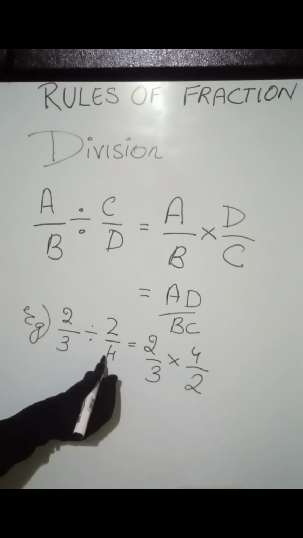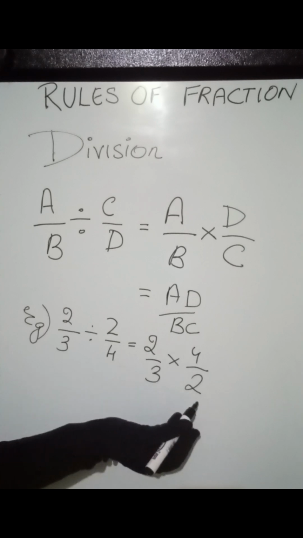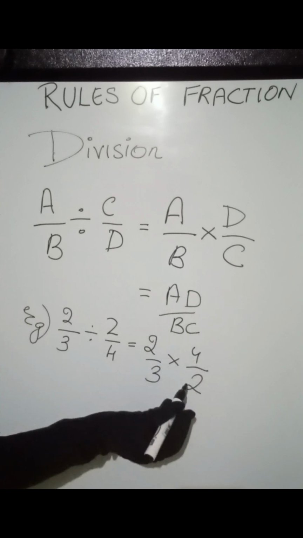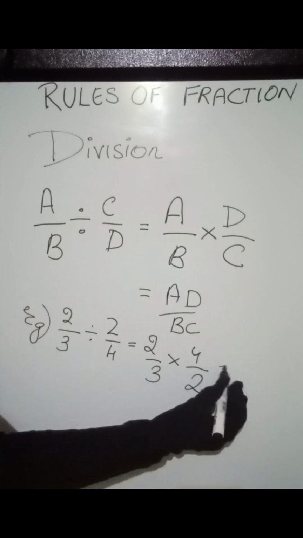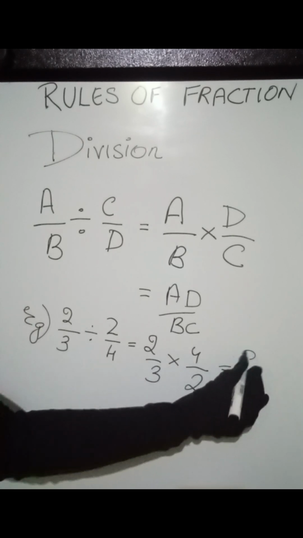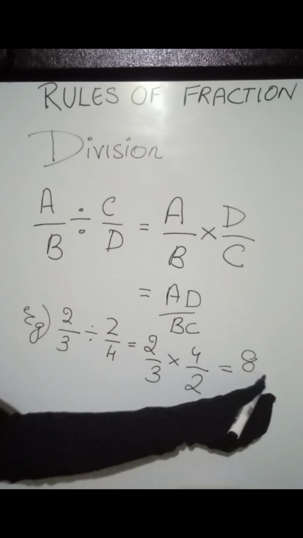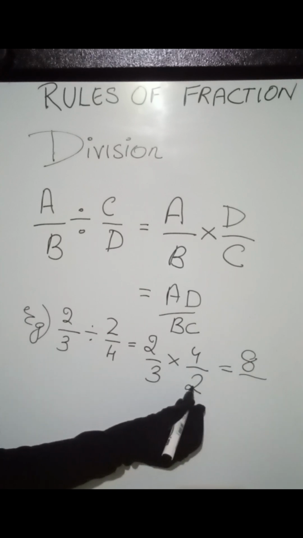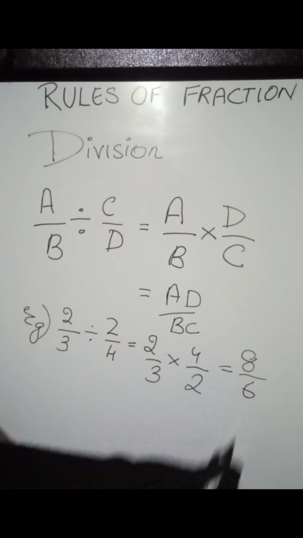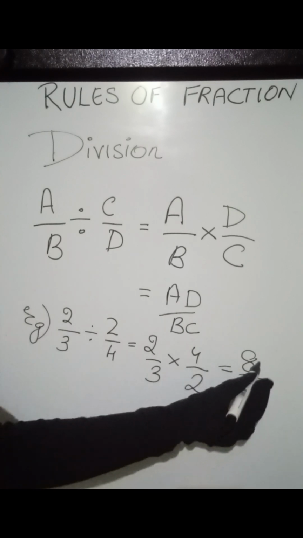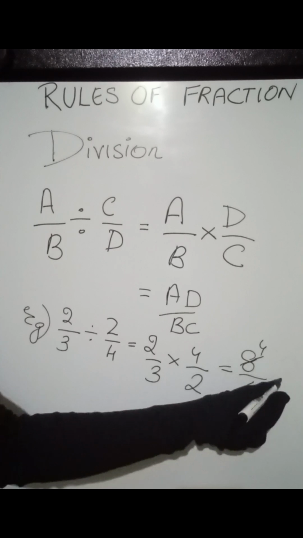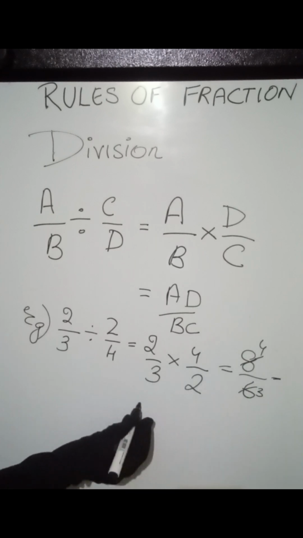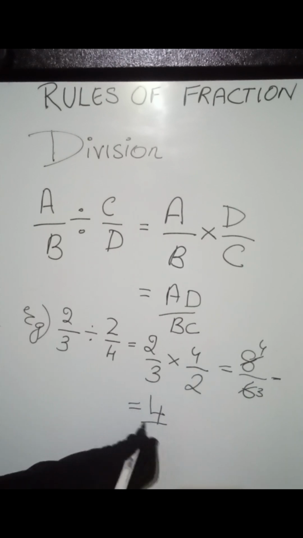Can you just see? 2 by 4 was this way and it is completely reversed when it changed into multiplication. So this will be equal to 2 into 4 is 8, 8 divided by 3 into 2 is 6. You can further simplify it as 2 fours are, 2 threes are. It's equal to 4 by 3.